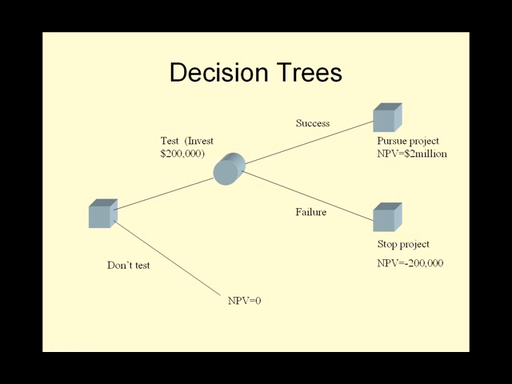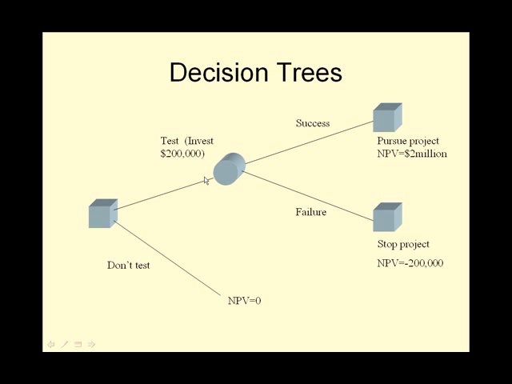Now, if the test is successful, the firm is able to pursue a project with a $2 million net present value. If the test is unsuccessful, the firm is unable to pursue the project, will stop the project, and will have a net present value of minus $200,000. If we were able, back at this point, to assign probabilities to success and failure, we would be able to calculate an expected net present value associated with the choice of testing now.